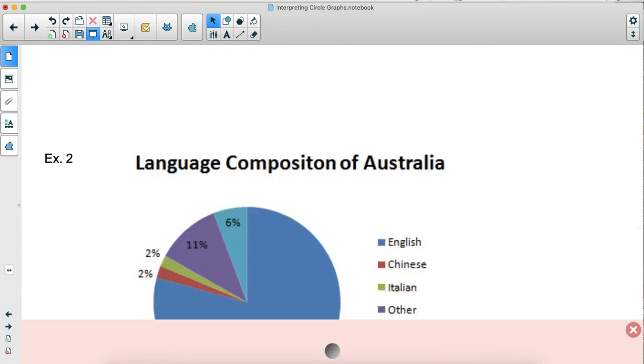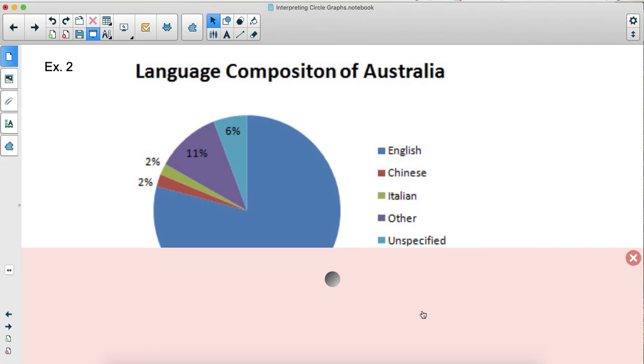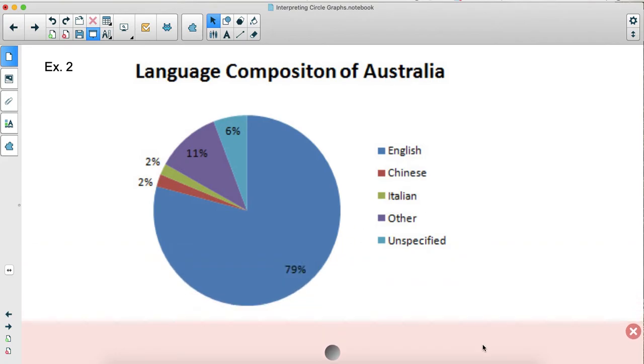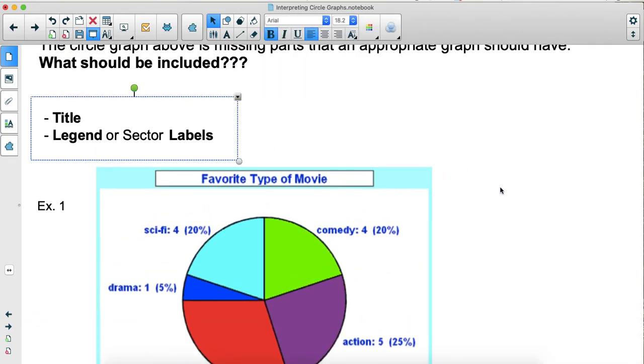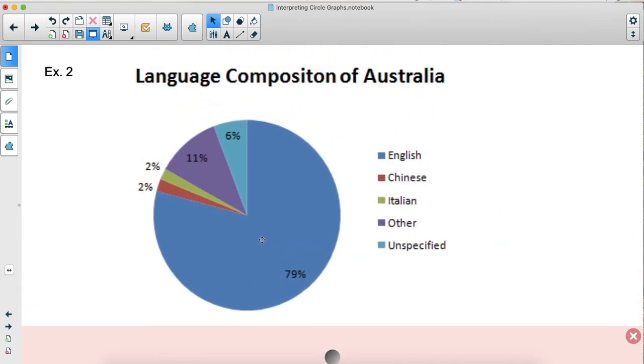Okay, let's look at another one. This is, check this out, the language composition of Australia. There you go. So this one is made a little bit different. It has a title there, explains to you what the graph is showing. And instead of doing the sector labels, we have a legend in it, okay? So it's color-coded, and you can see in the legend here, the colors tell us what each language is. So 79% is in blue, so the language composition of Australia is 79%.